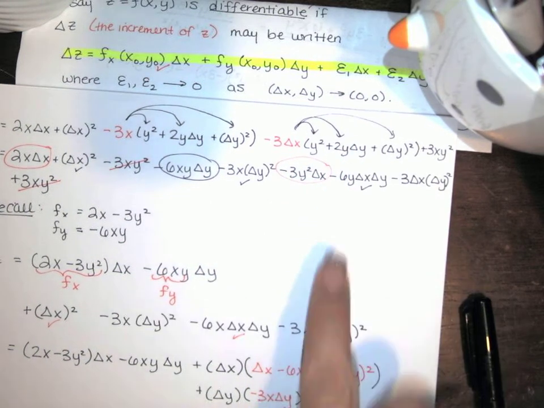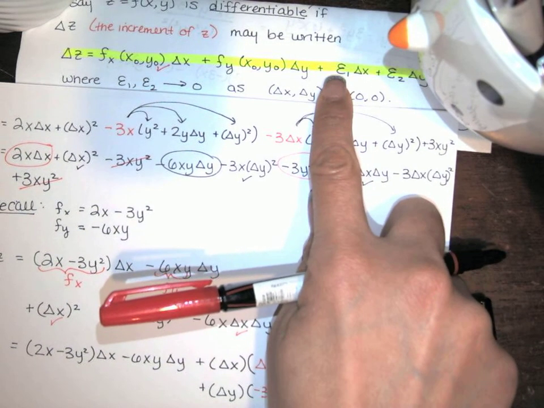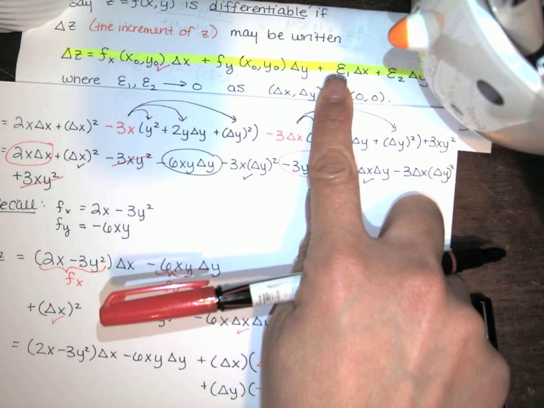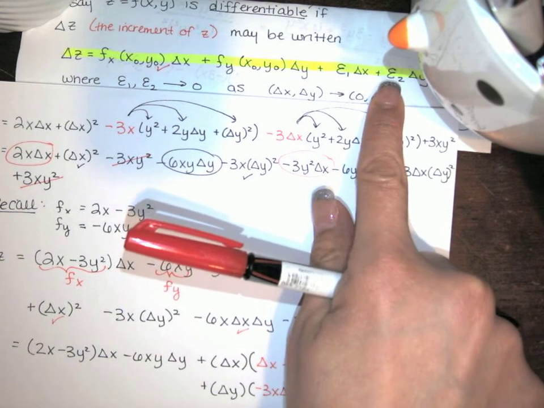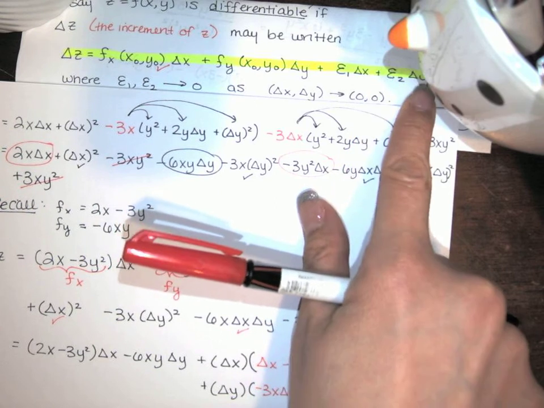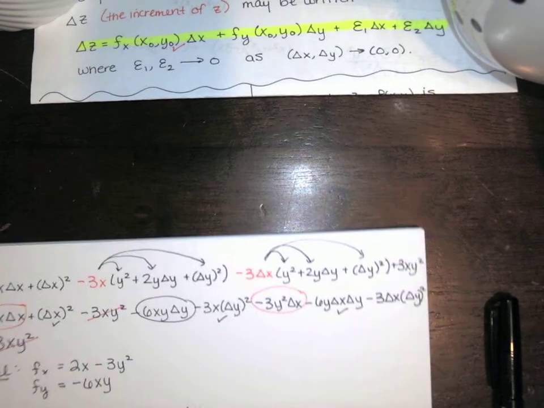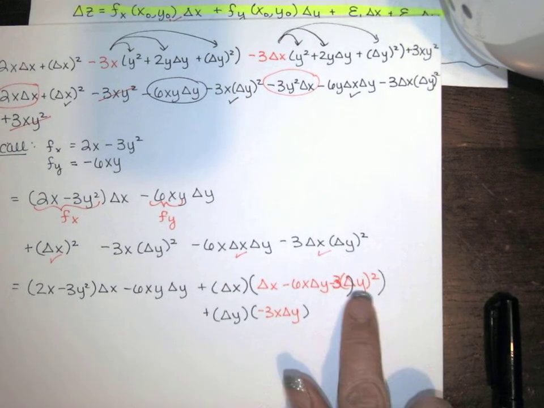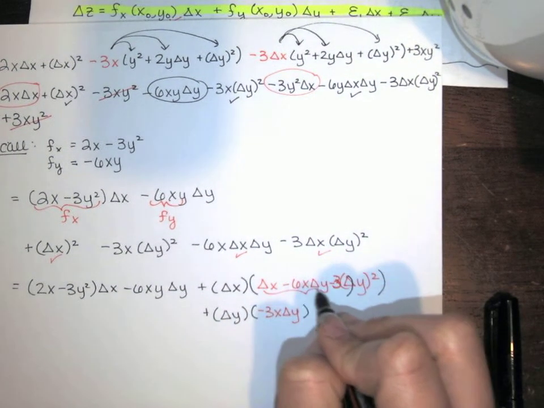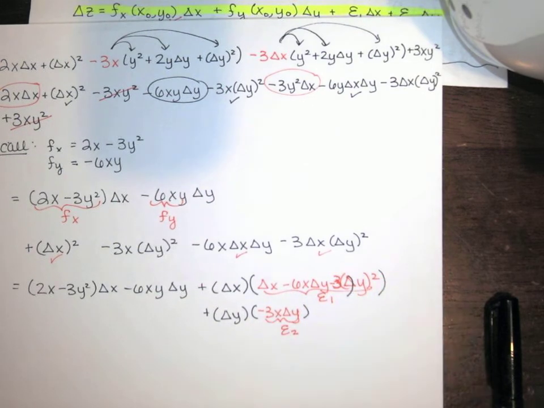What I'm trying to get is a function of x, y, delta x and delta y right here, times delta x, plus a function of x, y, delta x and delta y times delta y right here. I'm trying to get all of those, and it looks like I've got them. Okay, so this is my epsilon 1, and this is my epsilon 2.